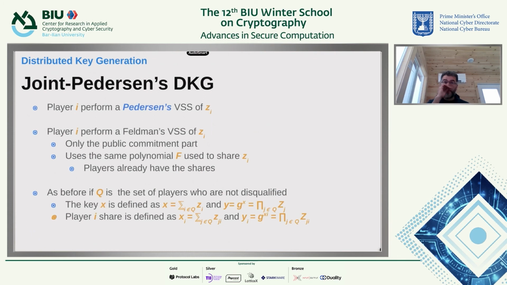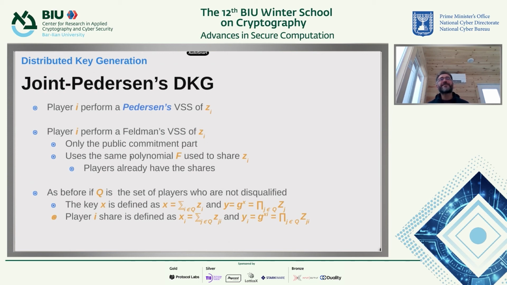So what is the DKG that we came up with? We call it joint Pedersen, where now we're referring to the joint Pedersen VSS DKG. So the player performs a Pedersen VSS on z_i, this information theoretic one, and then player i performs a Feldman VSS on z_i.